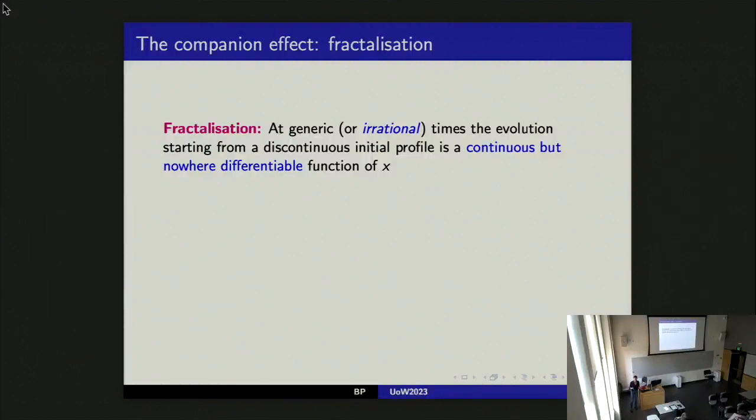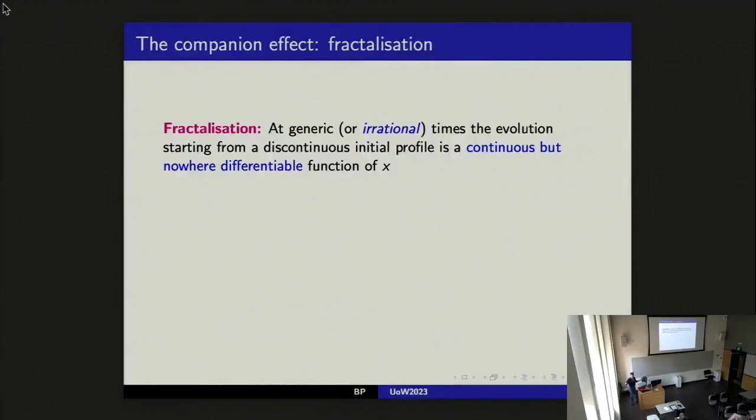What you cannot really see in those experiments is what happens at different times. Okay, so these are very special values of the time that you're picking. But if you pick a time generically, what happens? Well, and this is a lot more difficult to prove analytically, if you start with an initial condition that has a discontinuity or two, like ours, which has two discontinuities, one in the middle and one at the endpoints, at generic time the profile, the solution, is continuous.